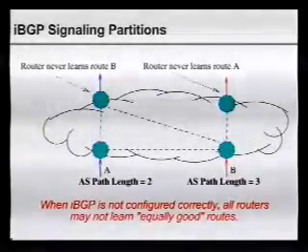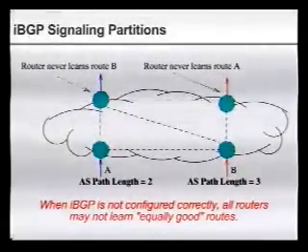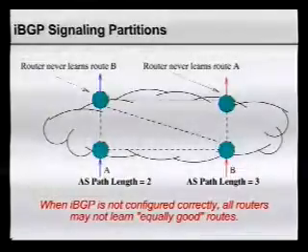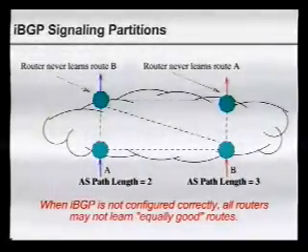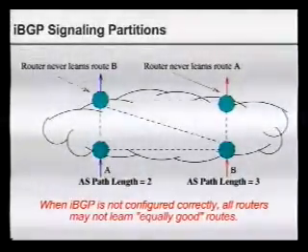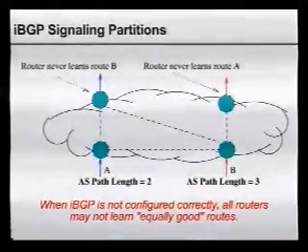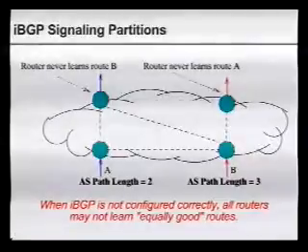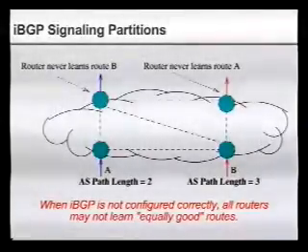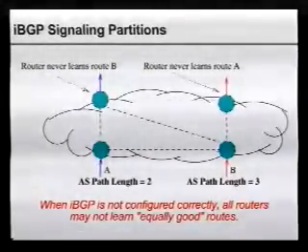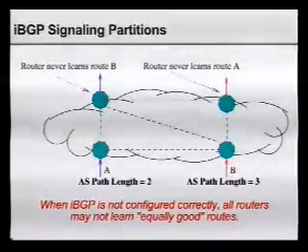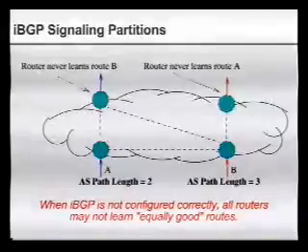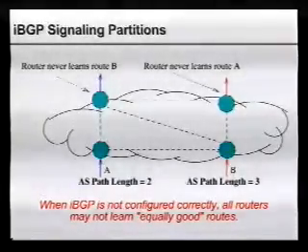Okay, so you're probably thinking, what else could happen? Well, let's assume now that some downstream AS sends A with some AS path length and another route B with a longer AS path length. Note here that you do have a signaling partition, because the router on the upper right can't hear route A, and the router on the upper left can't hear route B. So that router on the upper left is going to advertise a route with an AS path length of 2.